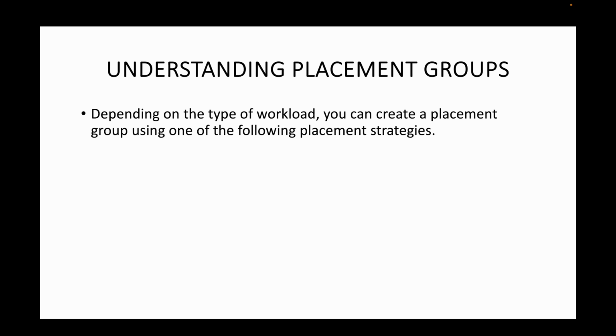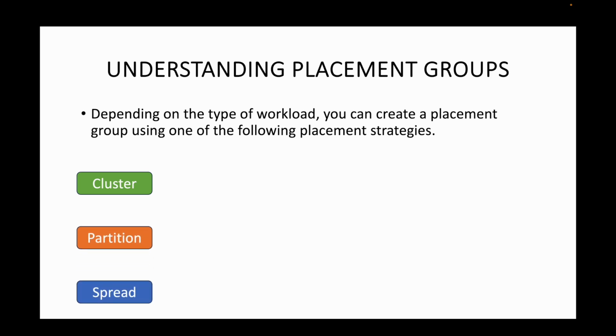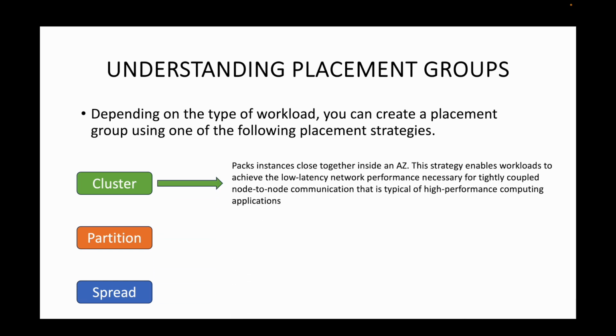So we have three options under this. You have the cluster placement group, the partition placement group, and the spread placement group. Now what happens in our cluster placement group is that all of your instances will be close together inside one single availability zone. So it's a cluster. All of your instances will be in one single place.